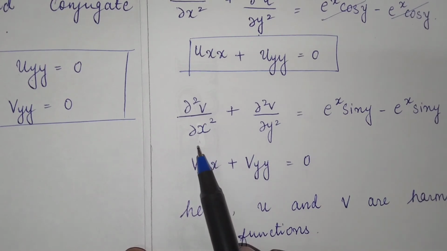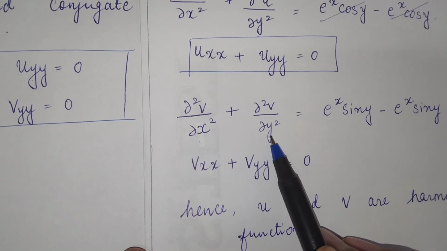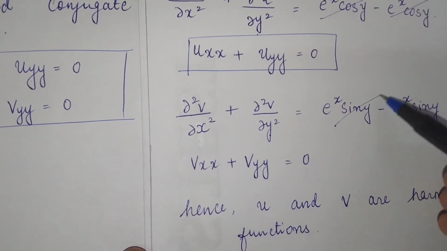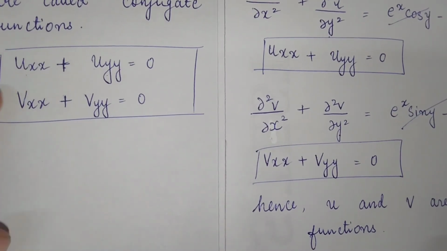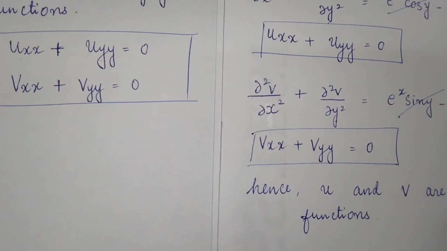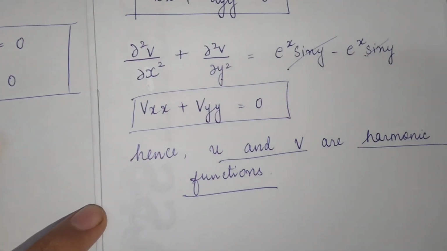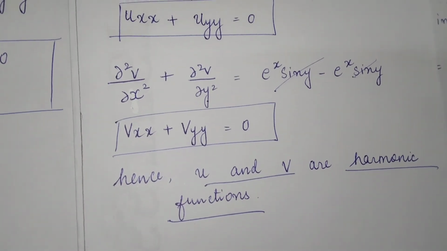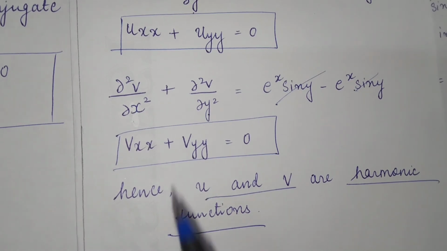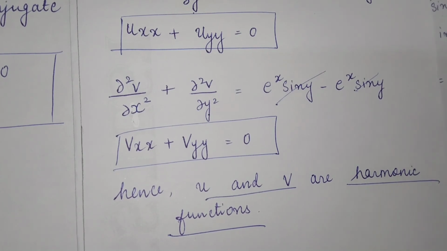Now our second condition is del square v by del x square plus del square v by del y square. Again put the values, and this again will get cancelled and the answer will be 0. So this condition is also satisfied. As both conditions are satisfied, we can say that u and v are harmonic functions. In this way you have to check whether the function is harmonic or not. Whenever both the terms are equal to 0, the functions will be harmonic, otherwise they will not be harmonic.